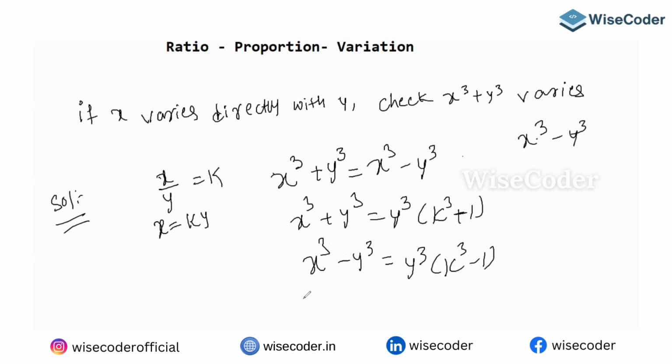So x cube plus y cube divided by x cube minus y cube is equal to k cube plus 1 by k cube minus 1, a constant. So I have checked: x cube plus y cube varies directly with x cube minus y cube.